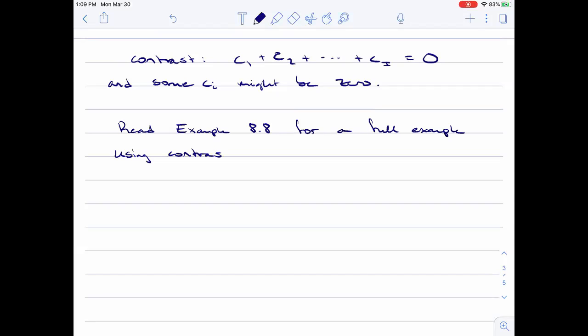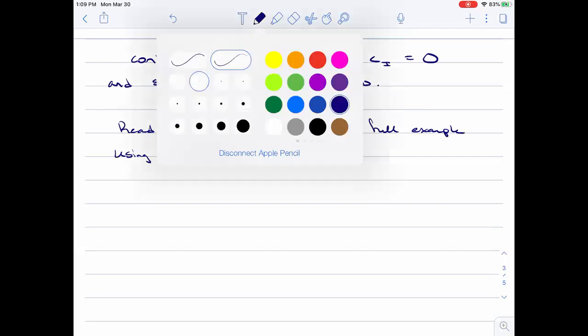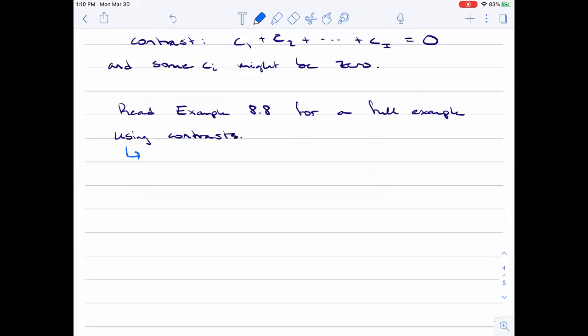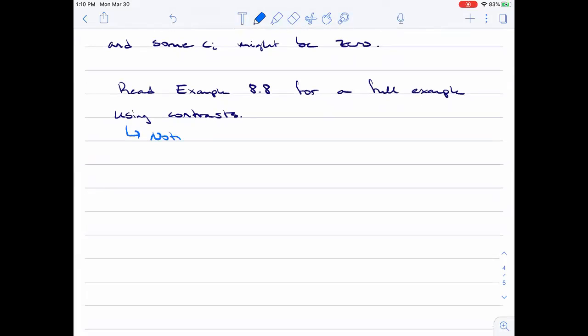One thing I do want to point out is that the original F test, the first F test that they ran, is actually not significant in example 8.8. So notice that the overall F test is not significant.